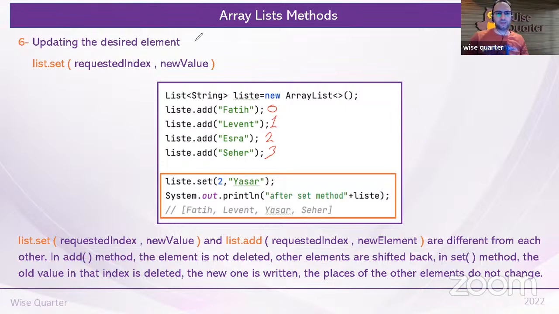It means index 2 will be Yaşar from now on. So index 0, index 1, they are the same. Index 2 became Yaşar, and index 3 is still Seher. If we had used the add method, it wouldn't delete Esra. It would just add a new name between index 1 and index 2.